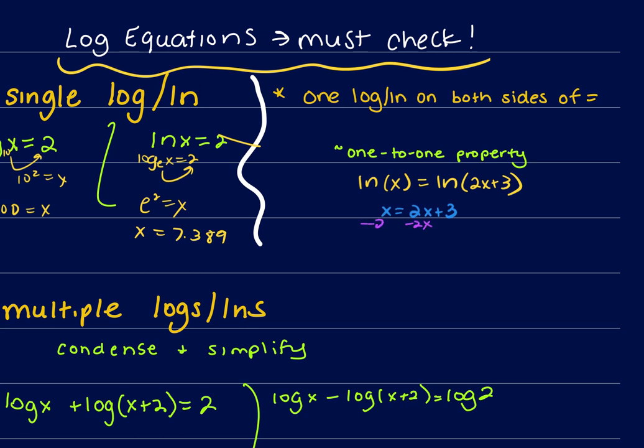Subtract the 2x. Negative x equals positive 3. So x equals negative 3. And then these are the ones you'd have to check. So if I plug back in a negative 3 here, I cannot use it. I cannot find ln of a negative number, and this would be a no solution scenario.